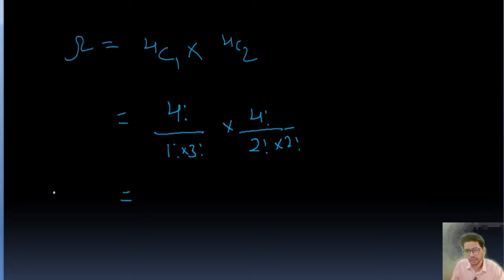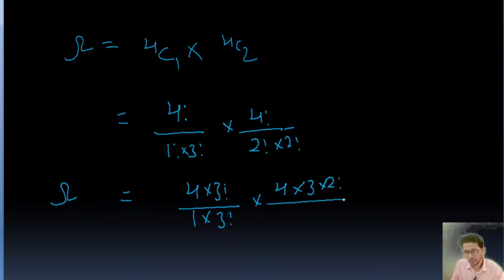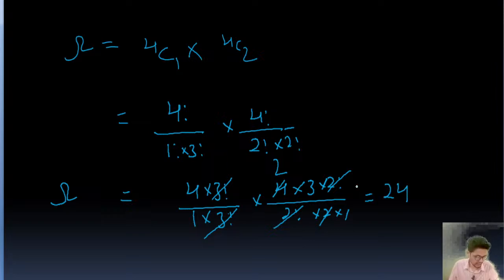So value of omega is going to be 4 into 3 factorial upon 1 factorial is 1, 3 factorial, into 4 factorial, we can write 4 into 3 into 2 factorial upon 2 factorial into 2 into 1. 2 factorial will get cancelled, 3 factorial will get cancelled. 2 will cancel this by 2 times, 2 3 is 6, 4 is 24. Okay, so 24 is the answer, guys, for it.